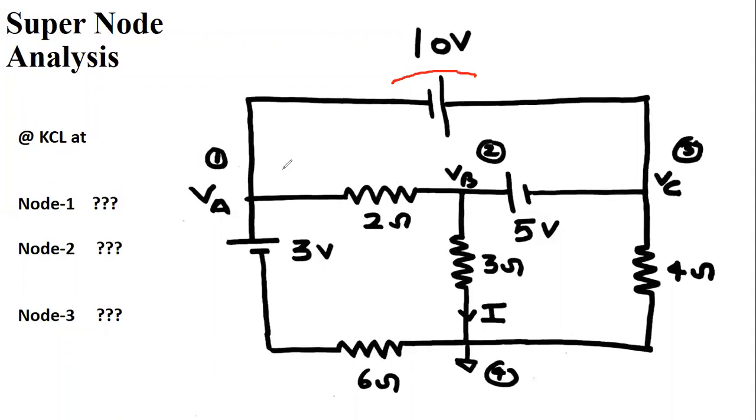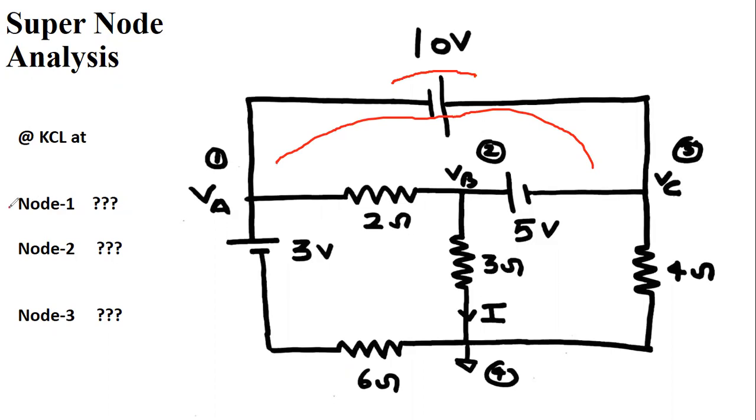Suppose we want to find the current in this branch, between VA and VC. The potential difference we can take is VA minus VC plus 10, but there is no resistance, so we have to divide by a resistance of 0. So current becomes infinity, which is not possible.